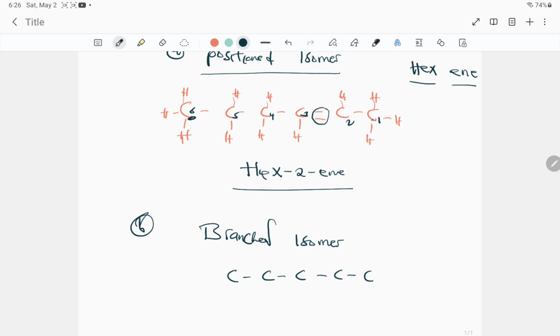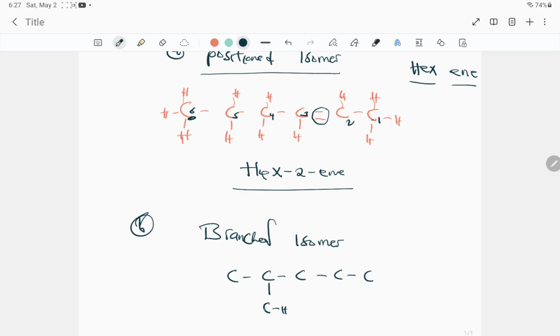Whenever you are given a branch, if it is one branch, meaning from the carbons in a straight chain, you're going to remove one carbon from the straight chain to form a branch. So I'll put my branch here.